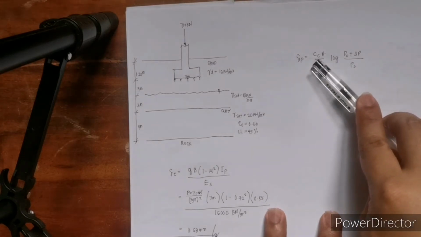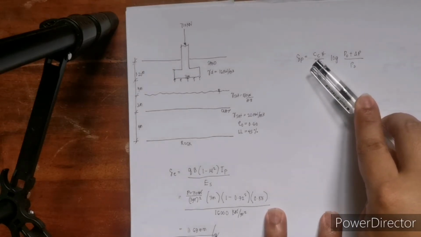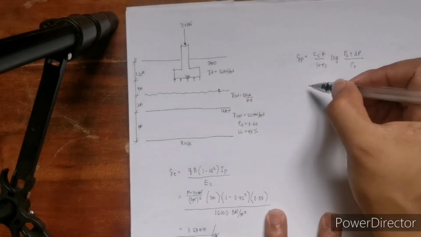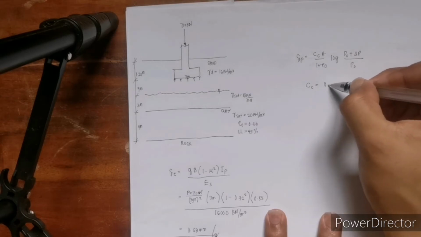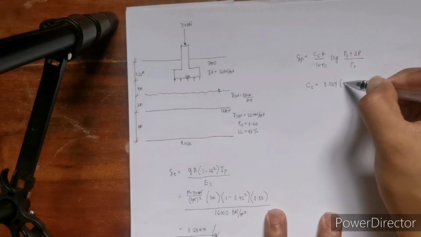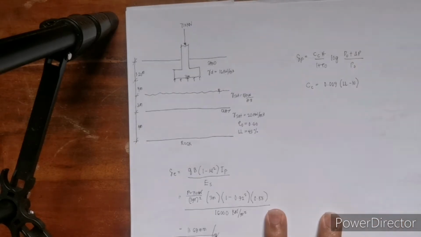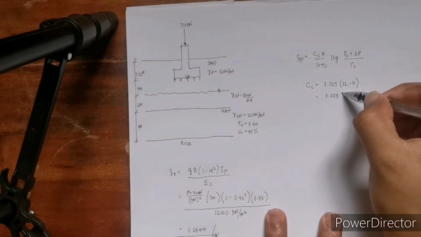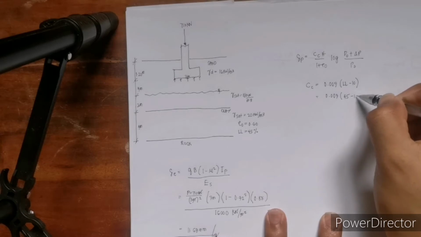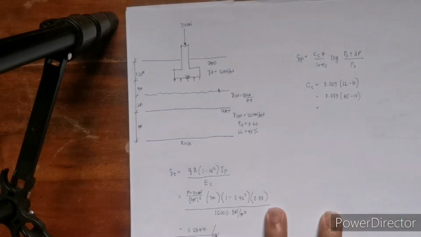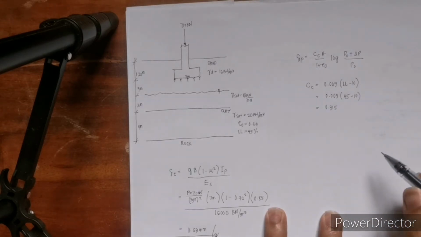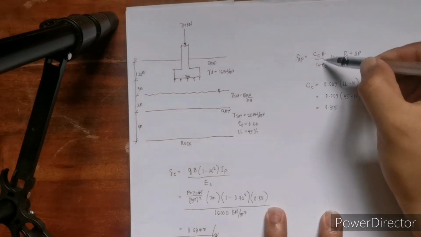Cc is the compression index. And compression index, since binigay yung ating liquid limit, that will be equivalent to 0.009 times LL minus 10. So substituting, that is 0.009, liquid limit is 45 minus 10. Compression index will be equivalent to 0.315.